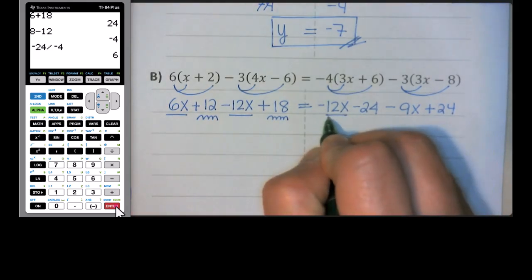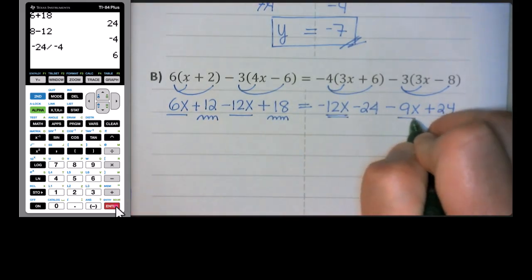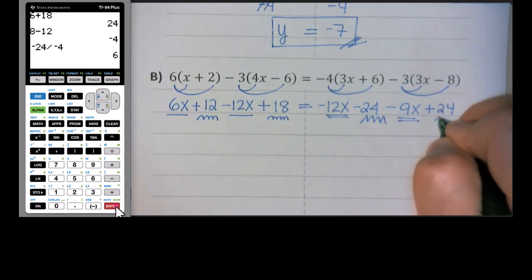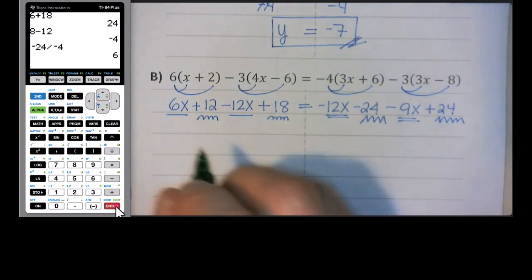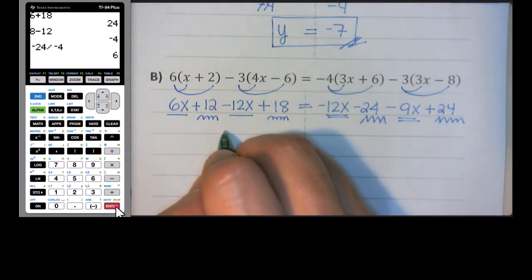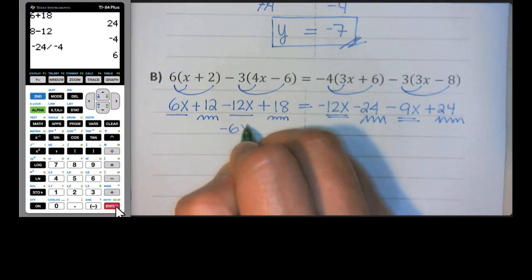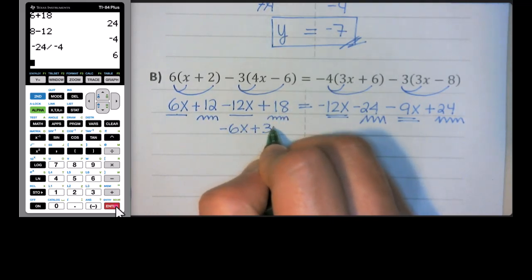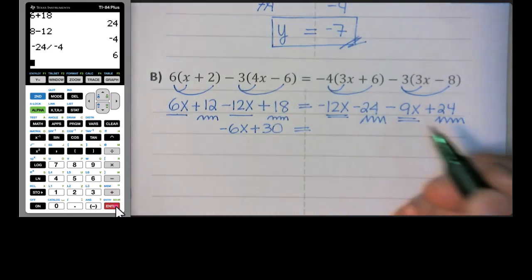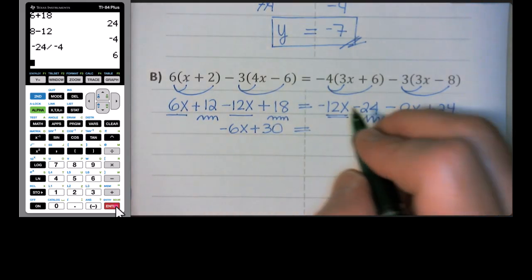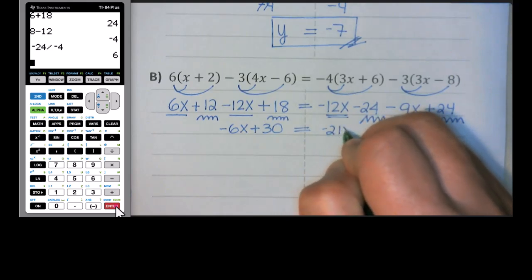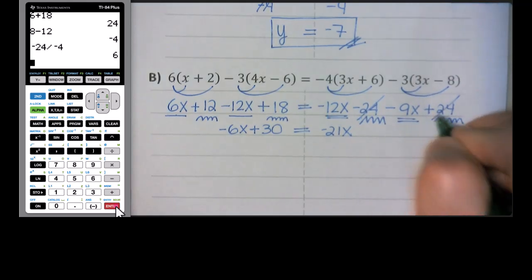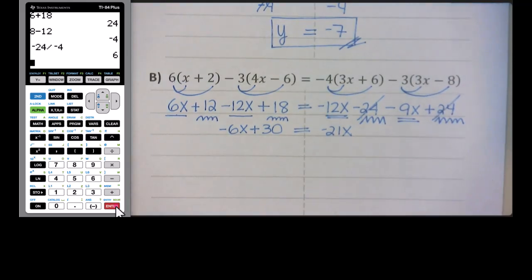On the other side, I can combine negative 12x with negative 9x and negative 24 with positive 24. 6 minus 12 is negative 6x. 12 plus 18 is 30. On the other side, negative 12 minus 9 is negative 21x. And negative 24 plus 24, they cancel. They get to be 0.